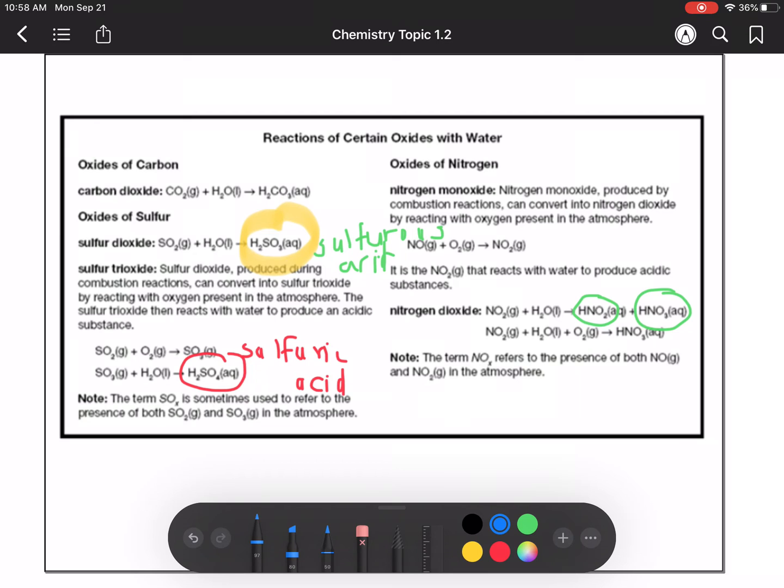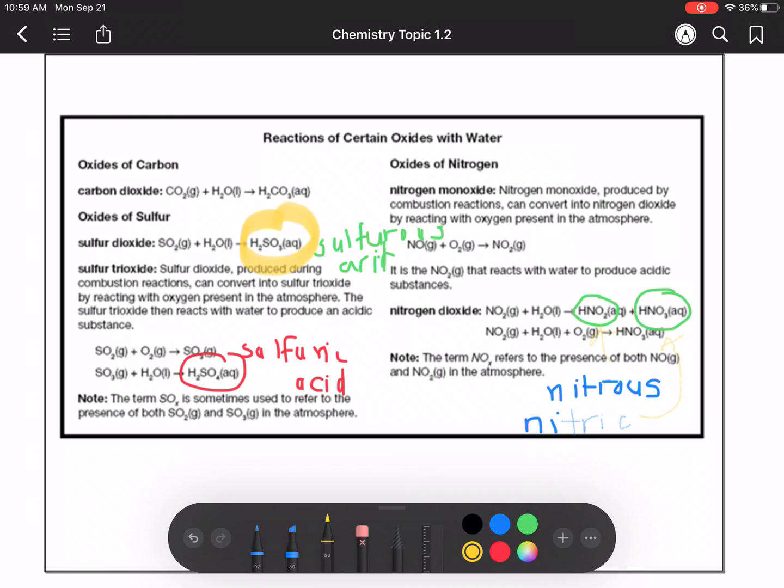And that's nitrous acid and nitric acid. Okay, so that's what these are.